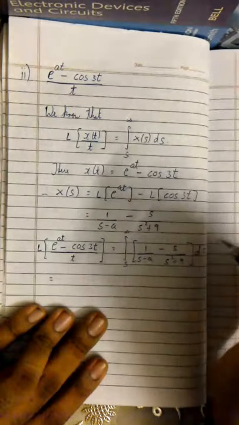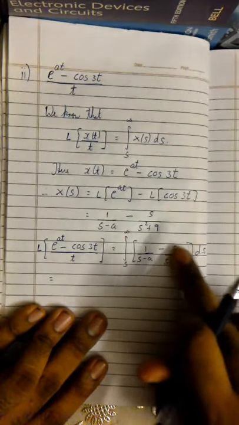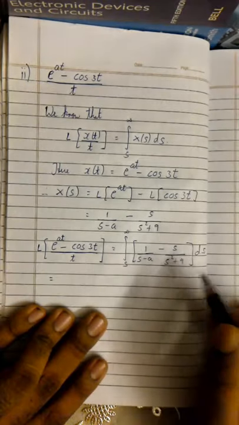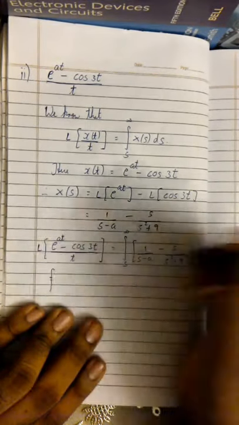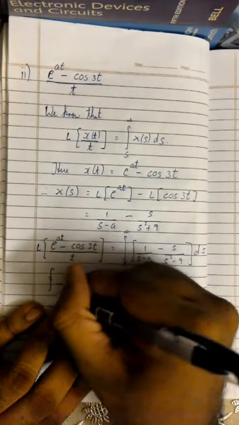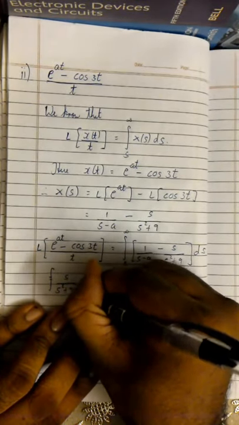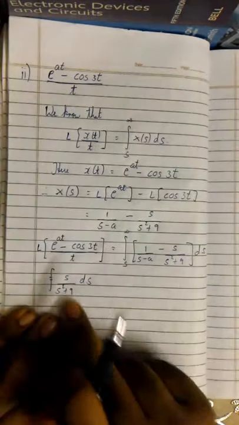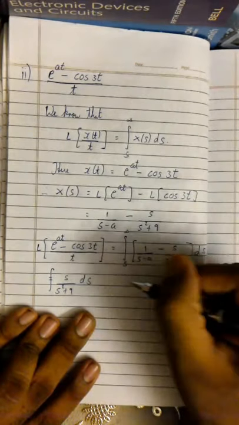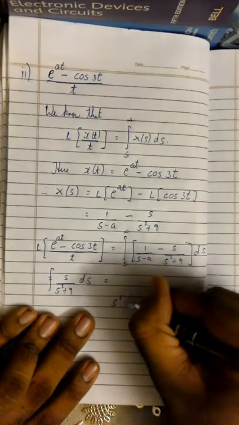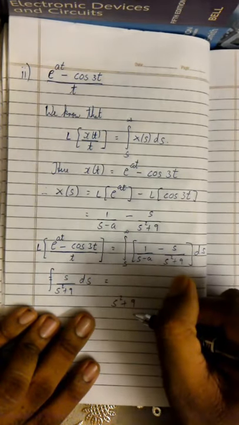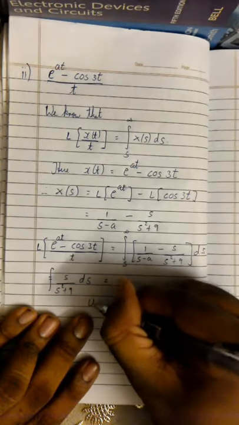So what I'm going to do is find the integral of this second term, s by s square plus 9, integral s by s square plus 9 ds. To find it, I simply let s square plus 9 be u.